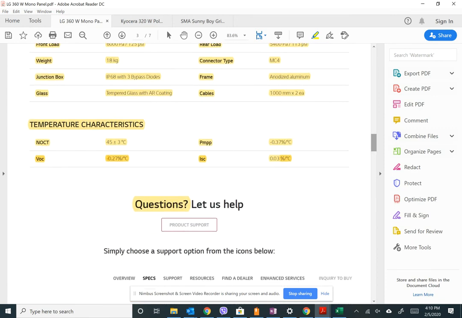So you can see PMPP. This is what we use here for power. You have your current, VOC. So you just use those respectively for what you're doing.